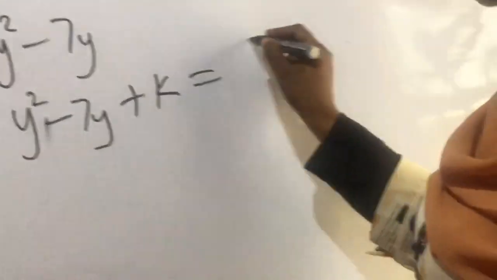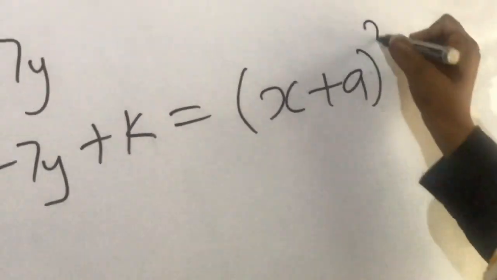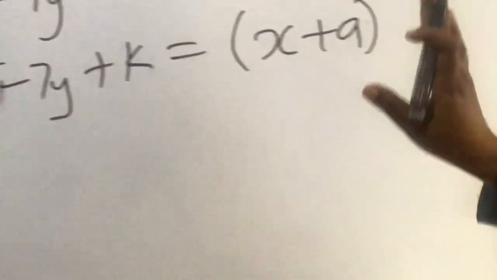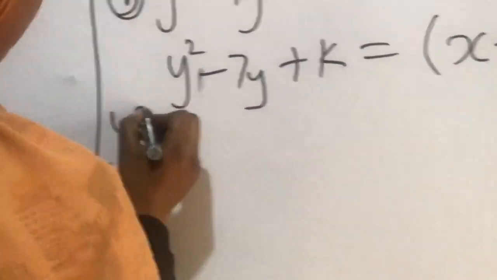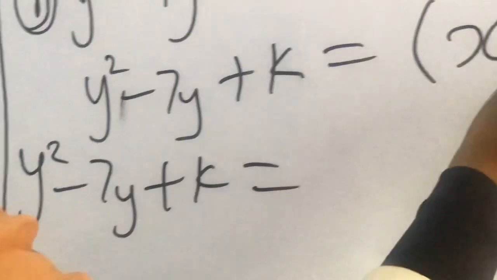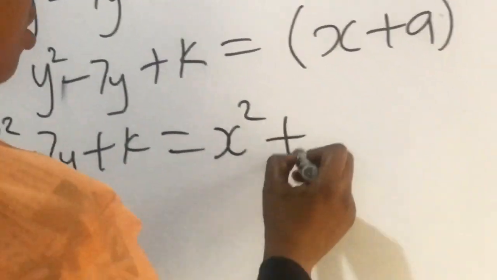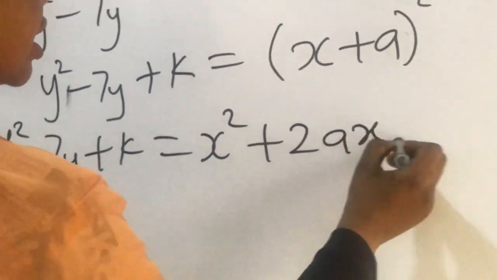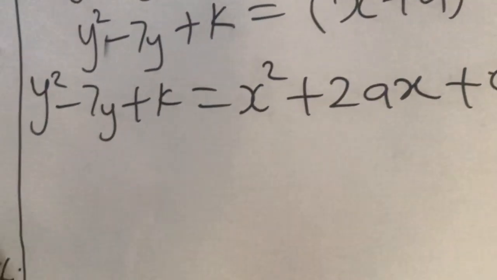So you let this expression be equal to any perfect square. Now from here, we have y squared minus 7y plus k. So let's expand this one. So this one will give us x squared plus 2ax, then plus a squared. So you can check later.